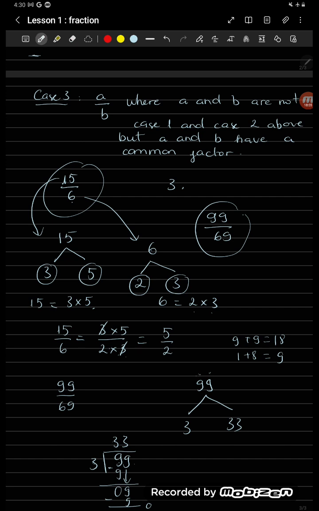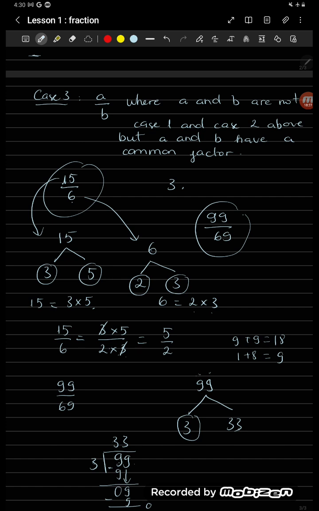So now you ask yourself again. Okay, so we have the first prime number 3. So now the result is 33. Now you ask yourself again, is the number 3 the last prime number of this tree? No, right? Okay, so let's check.